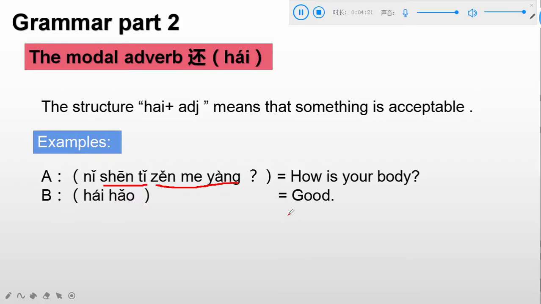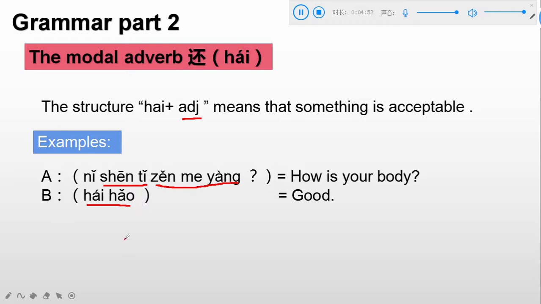The translation I prepared is: as in good. 好, as we know, is good, which is an adjective. And 还 is the modal adverb. 还好 together means something is acceptable, which in this situation means my body is just at the average level, not good and not bad.